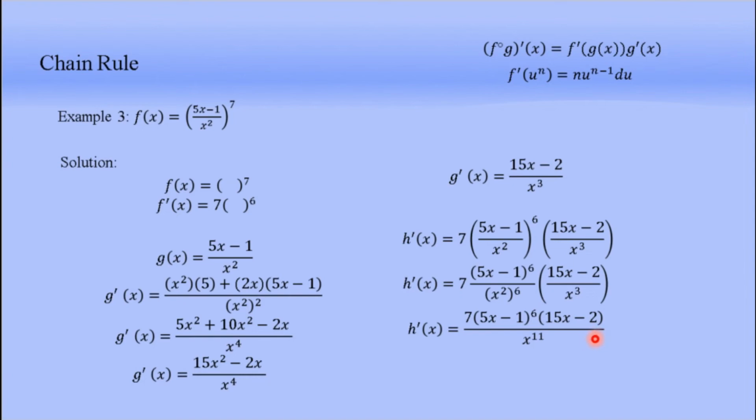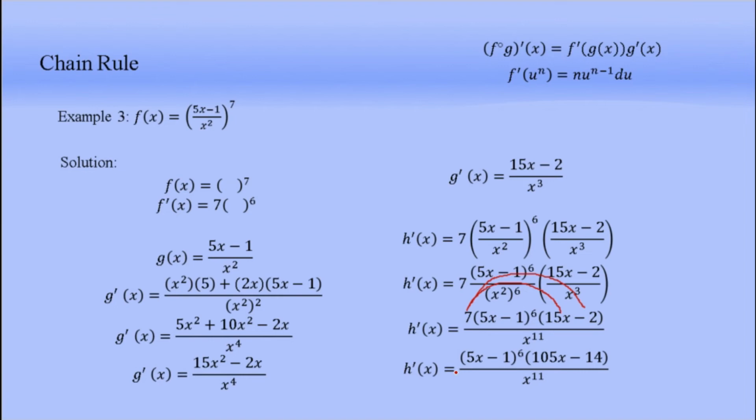But you can also multiply the constants, and the constants are 7 and 15x minus 2. So 7 times 15x is 105x, and 7 times negative 2 is negative 14.